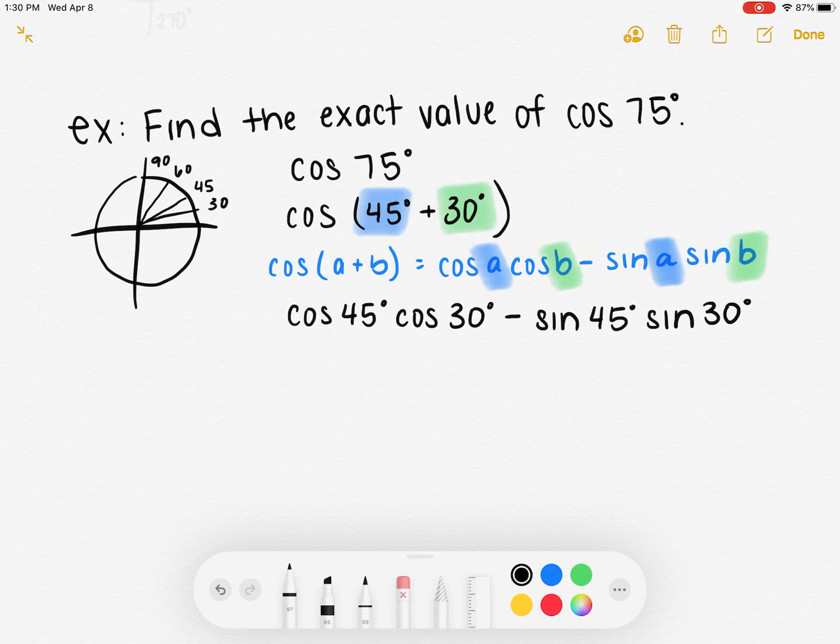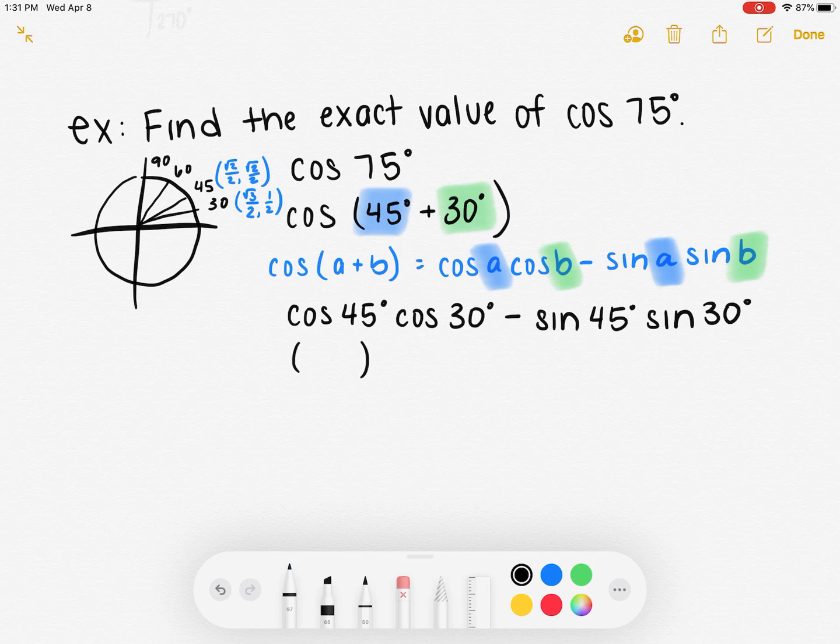Then I'm going to look at my unit circle, and I know on my unit circle, I can see it, that 30 degrees has a coordinate of root 3 over 2, 1/2, and 45 is root 2 over 2, root 2 over 2. So I'm going to use those two coordinates to fill in my formula.